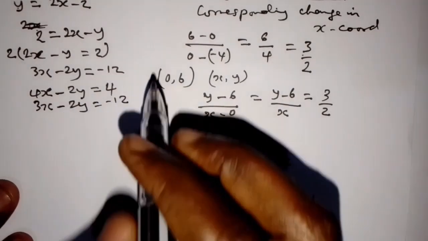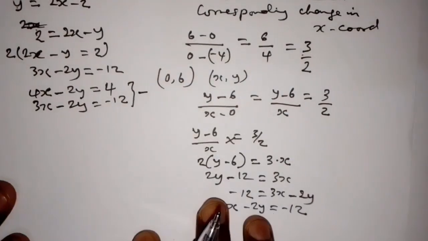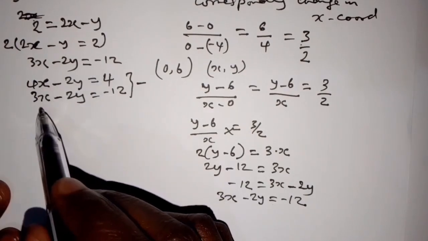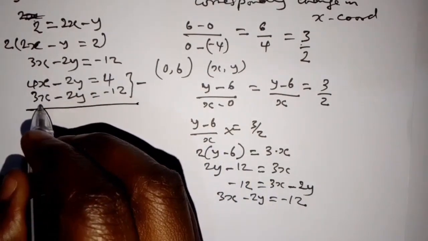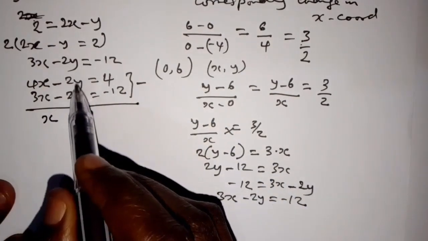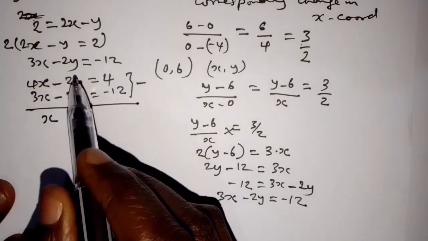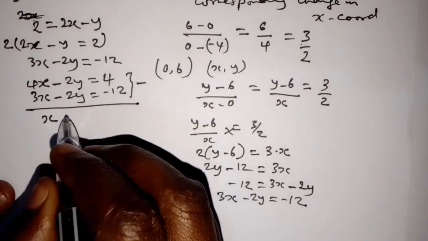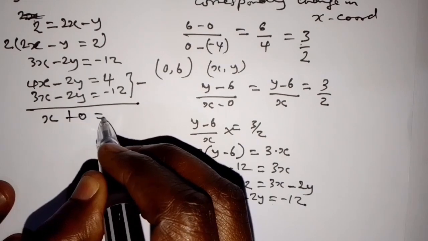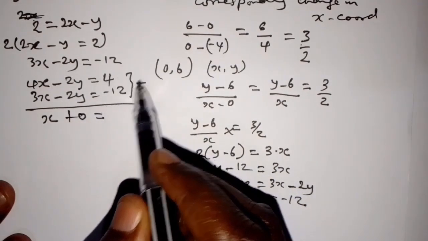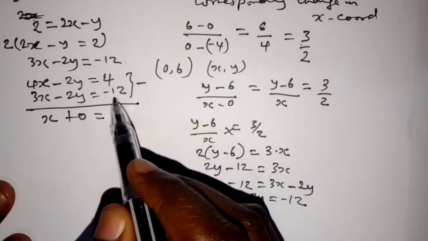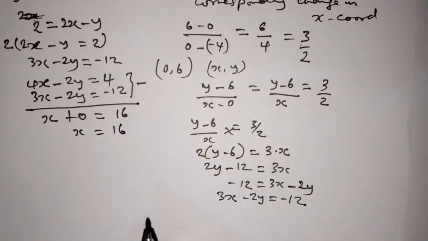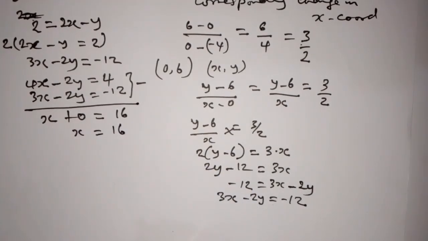So now we want to subtract. 4x minus 3x is x. Negative 2y minus negative 2y is 0, which is equal to 4 minus negative 12, 4 plus 12, that is 16. So x is equal to 16.